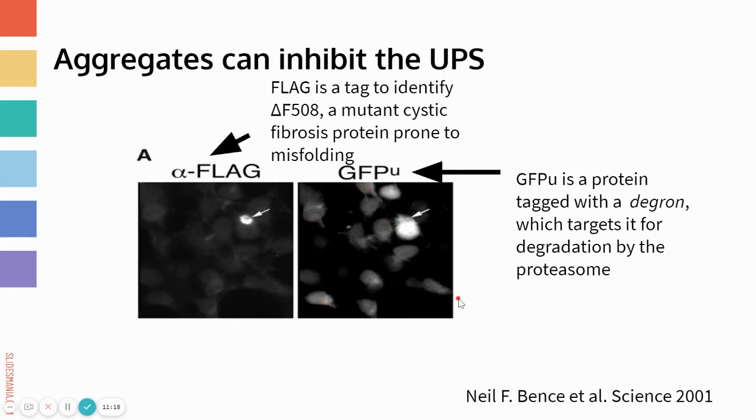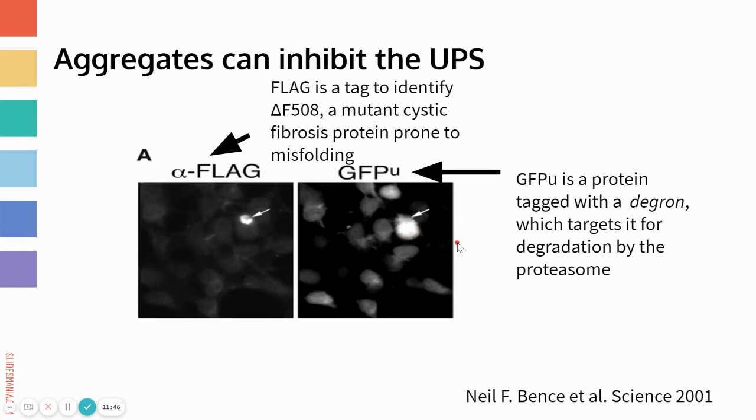But you'll probably notice that there's one notable exception to the faint glowing, and that's happening in this cell. And it happens to be in the exact same cell where we have an aggregate of the misfolded cystic fibrosis protein. So in the same cell where the mutated cystic fibrosis protein is clumping up and aggregating, we're seeing that the proteasome isn't able to degrade the GFP.